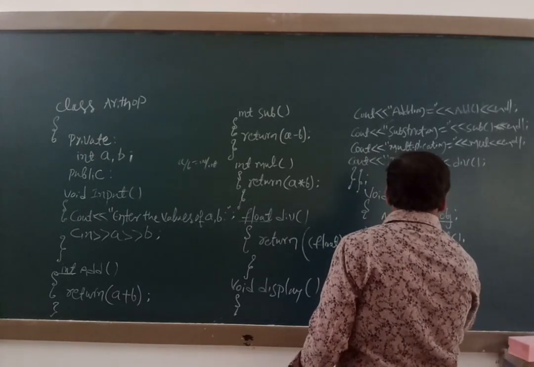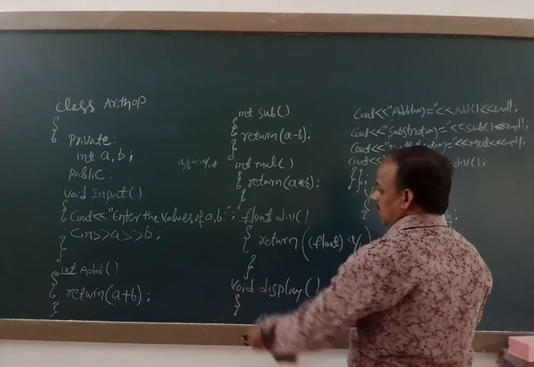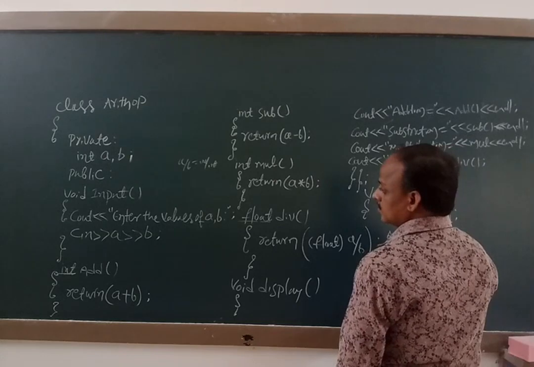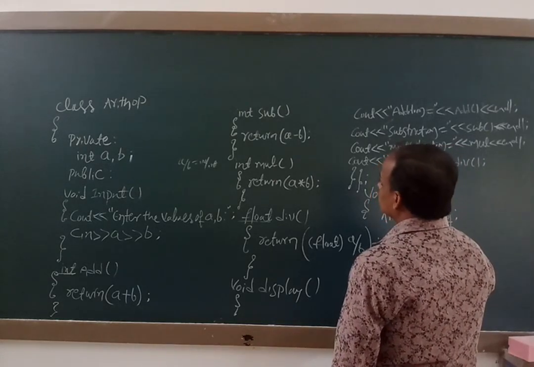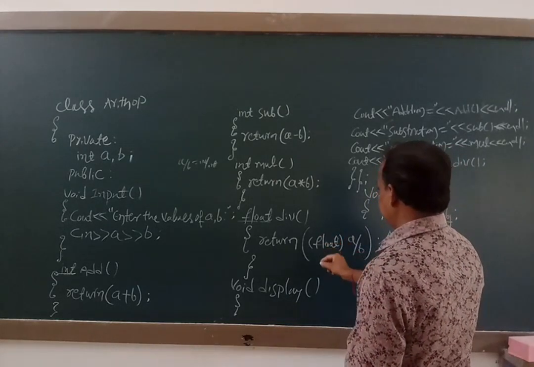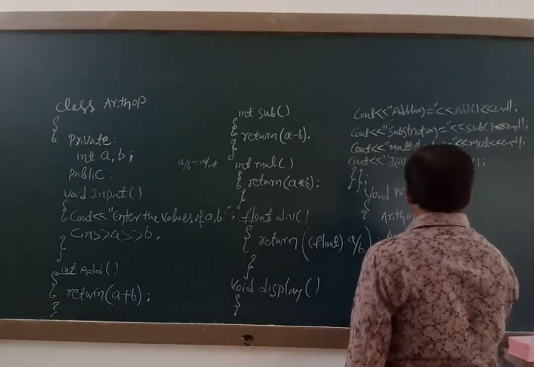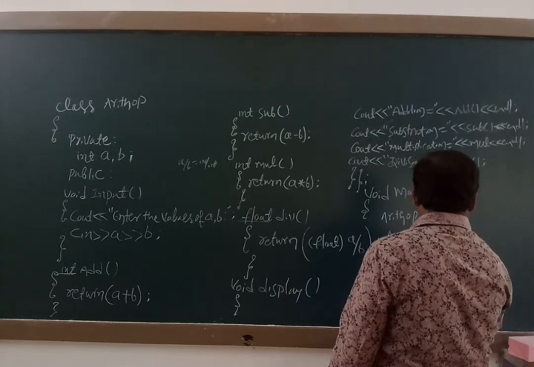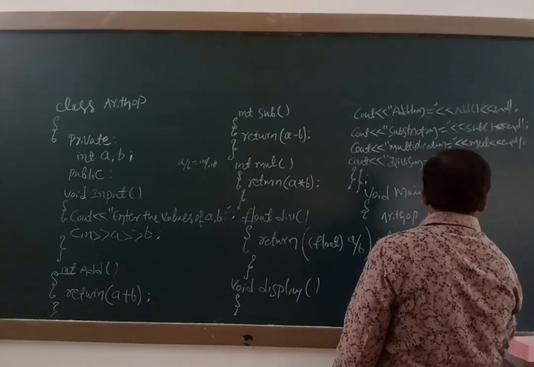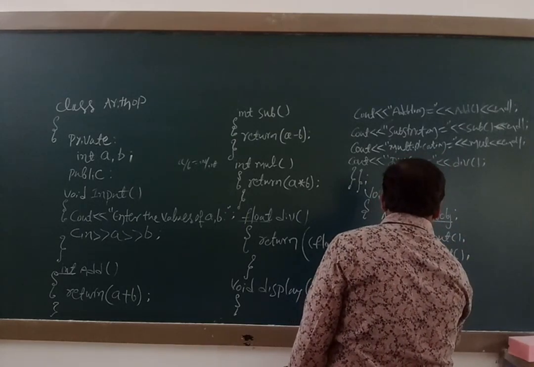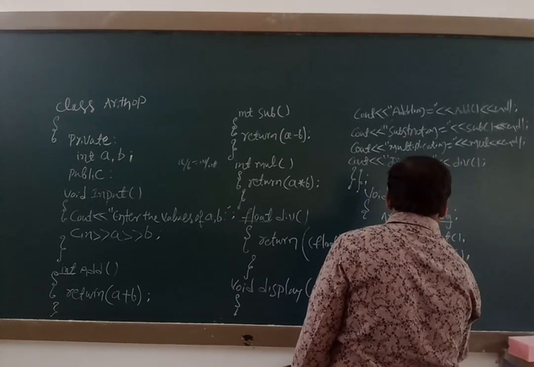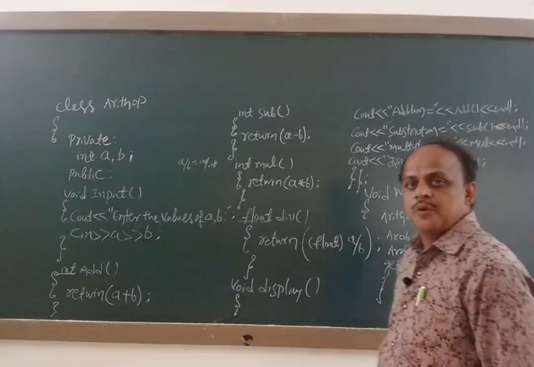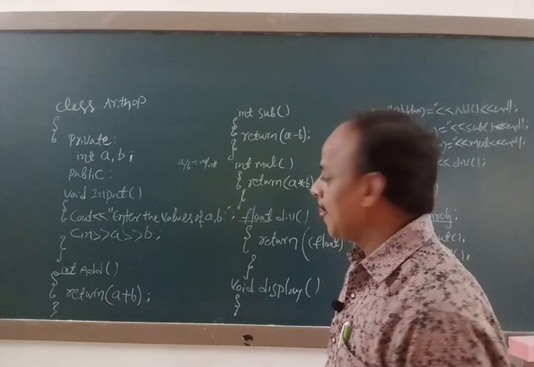AROBJ dot, next is display function. Close the function, close the main function. Now see, I am going to explain how it is possible.